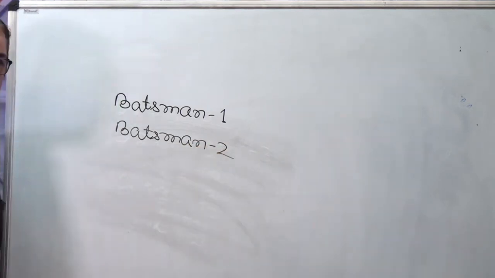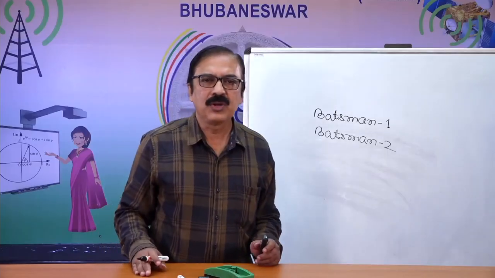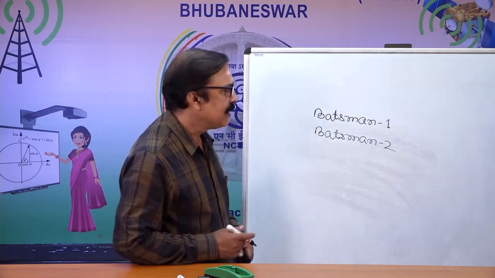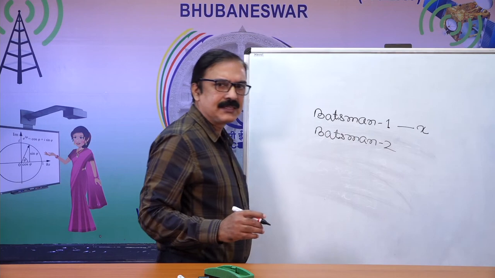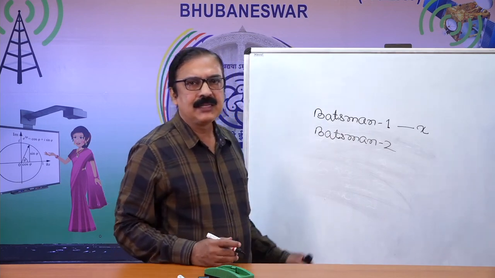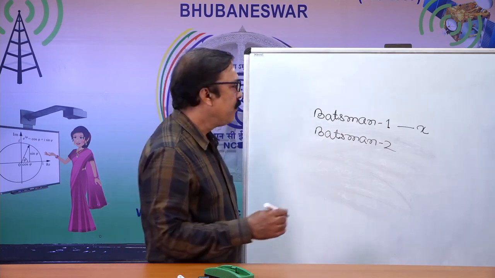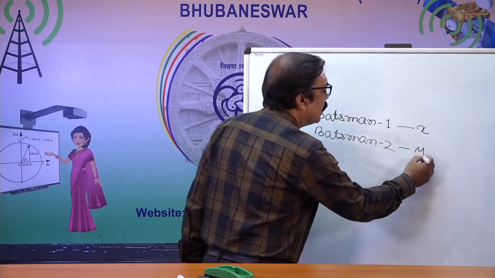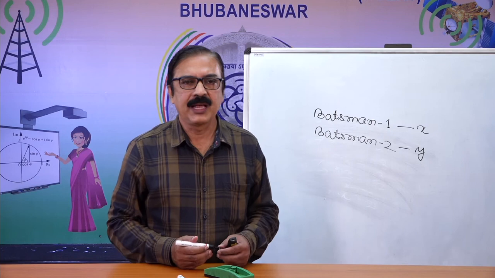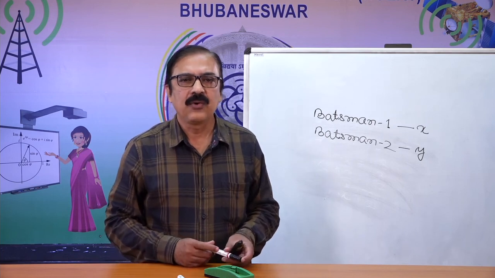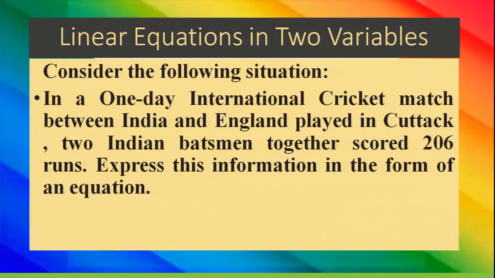As we don't know whose score is what, let the score of the first one be X and the score of the second one be Y. Now this situation says that they together scored 206.